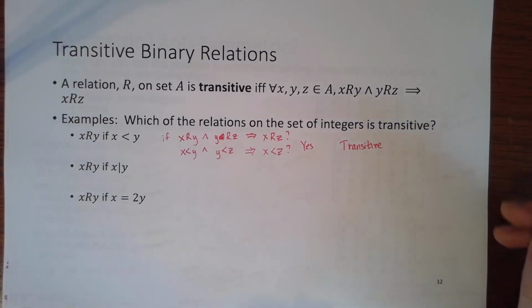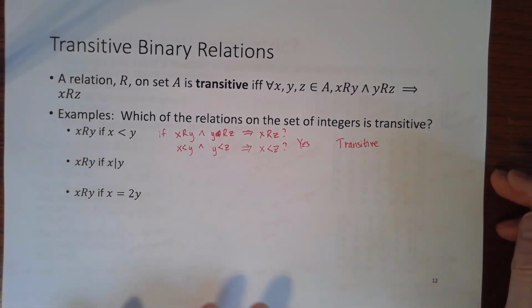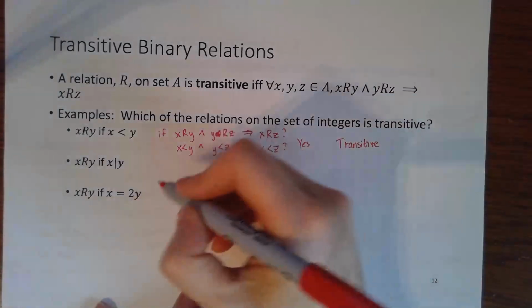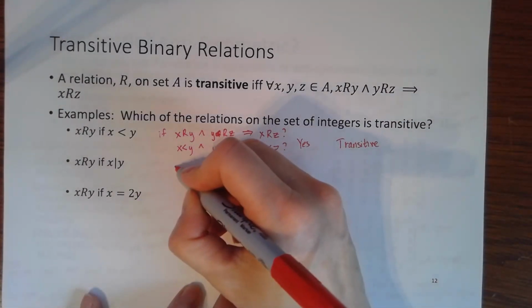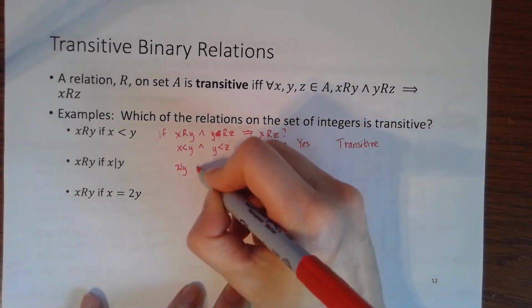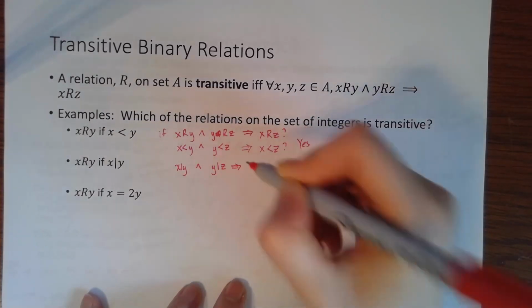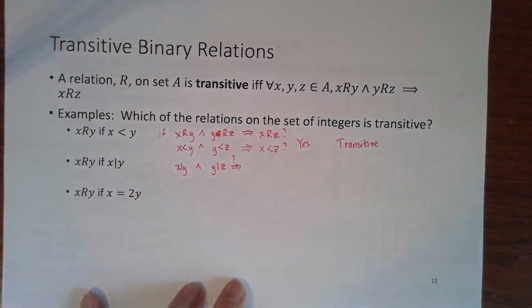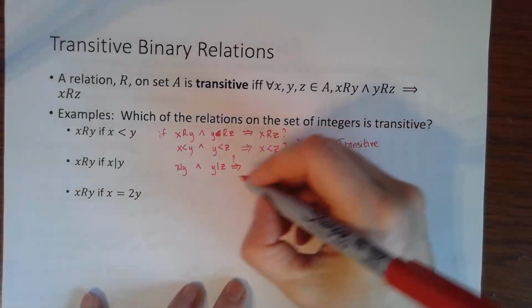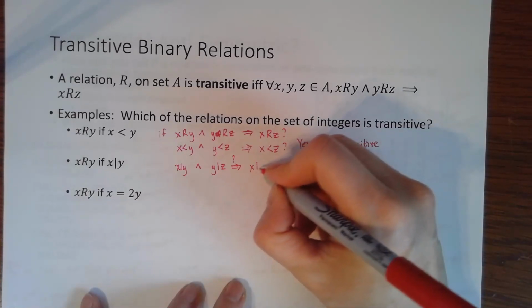Let's say x is related to y if x divides y. Is it true that if x divides y and y divides z, I can automatically conclude that x is going to divide z?